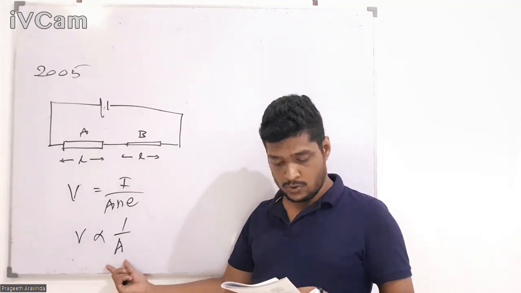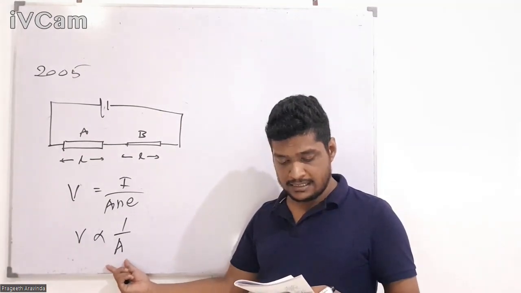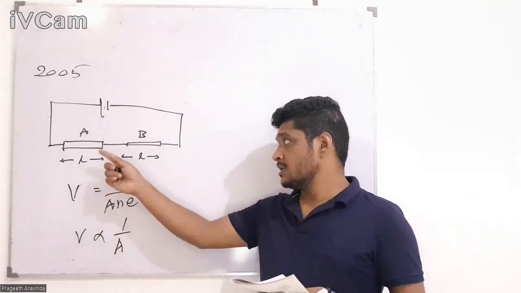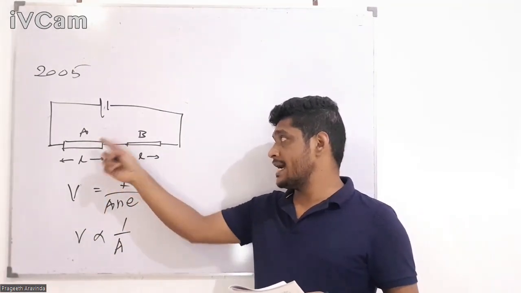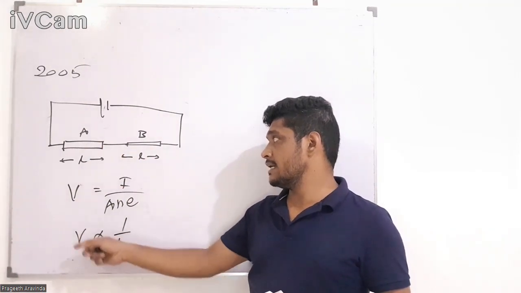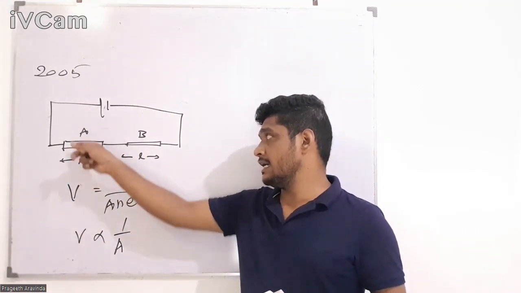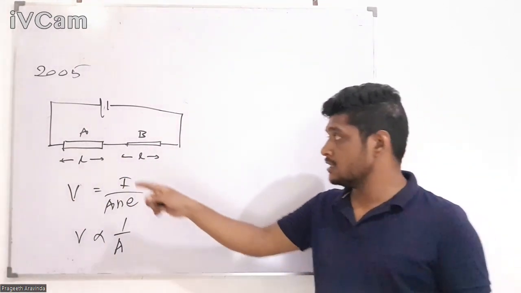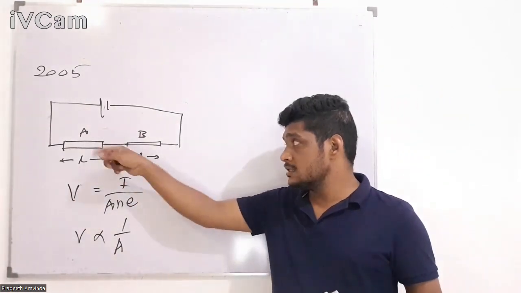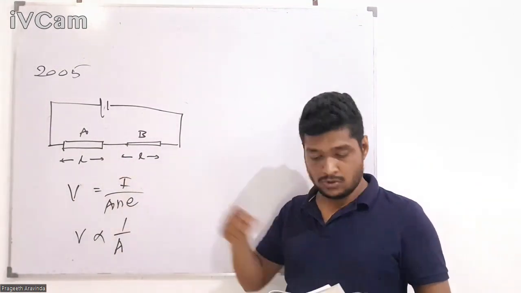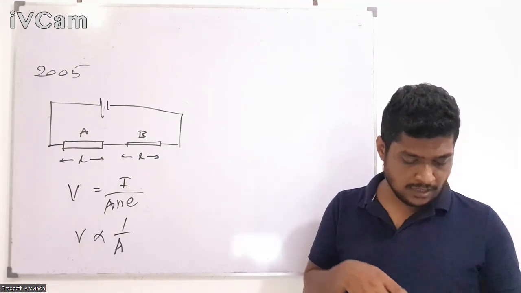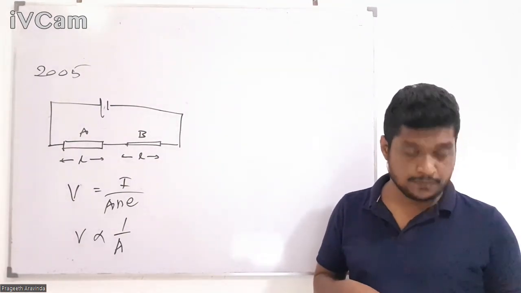So the drift velocity of electrons in A is smaller, because the cross section of A is larger than B. So only statement B is correct. So the answer is the second one. Only B is true.